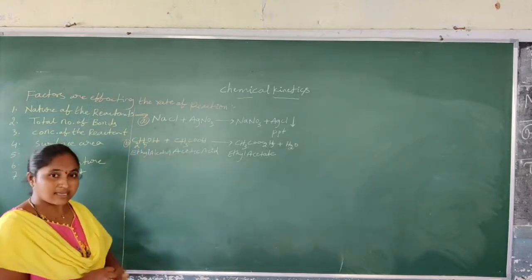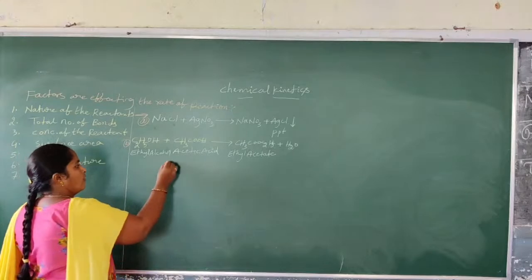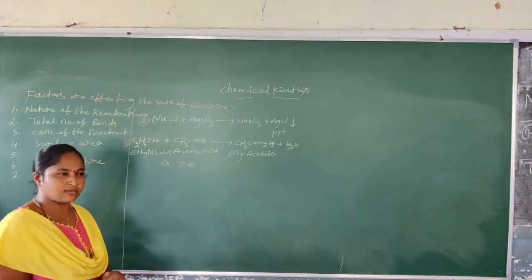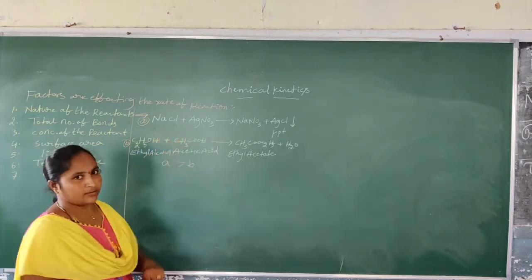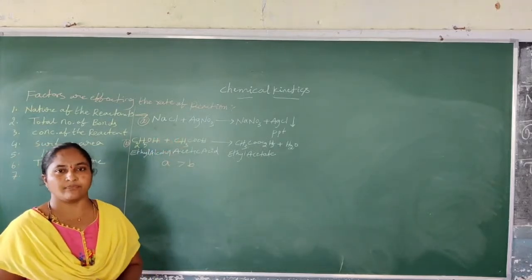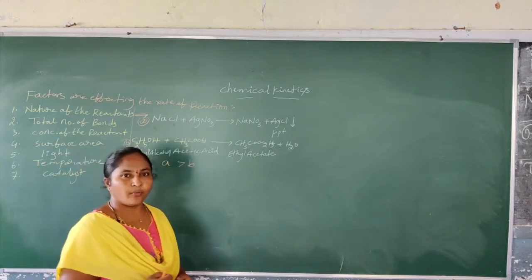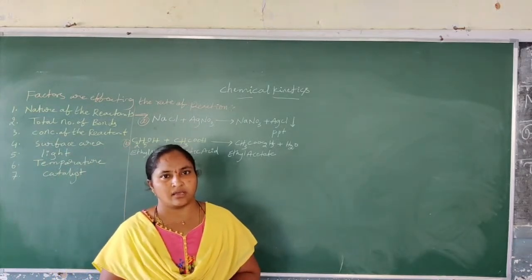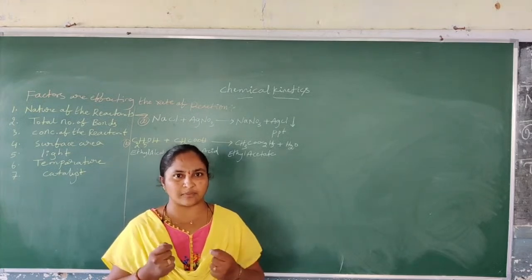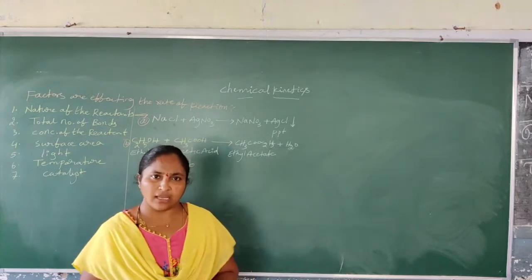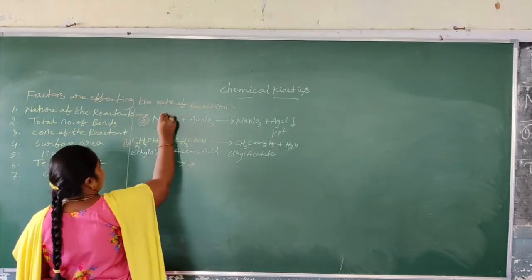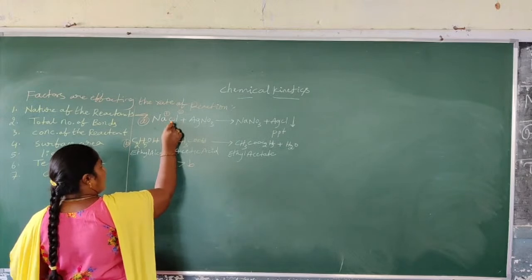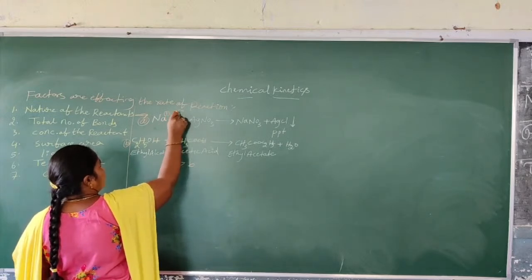The ionic reaction is faster than the covalent because in an ionic compound there is no bond breaking and making between the two atoms. Attractive forces are present between the positive and negative ions. See, Na plus and Cl minus. Between these two ions there are attractive forces.